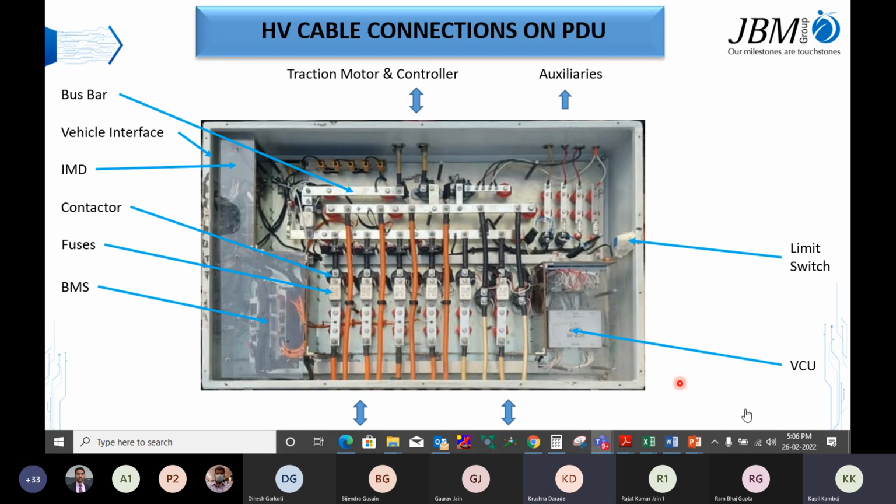Specifically for the 9 meter, the cable length is also short compared to the 12 meter. Yes, we can definitely review that point. You have to take this particular point up with the LV team, the low voltage team. However, if my support is needed, I will be available. Okay. Please continue.